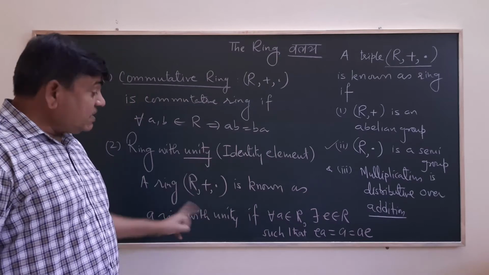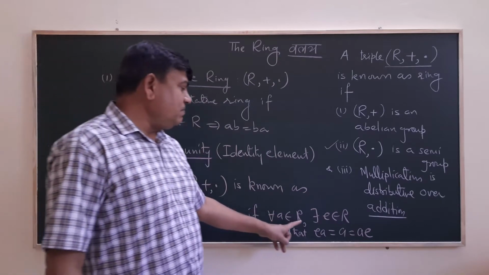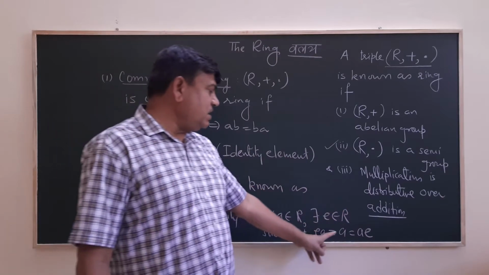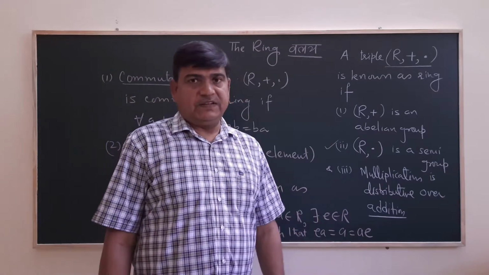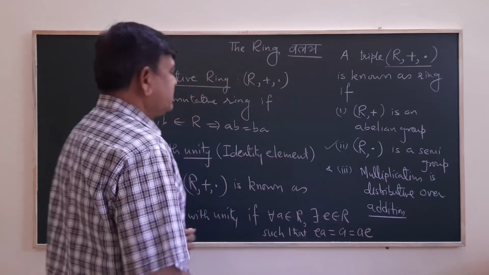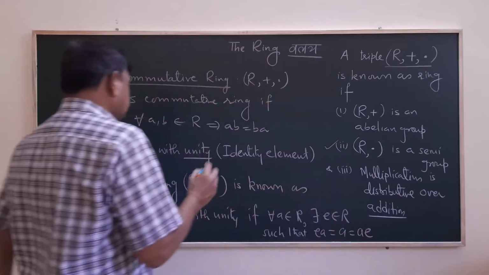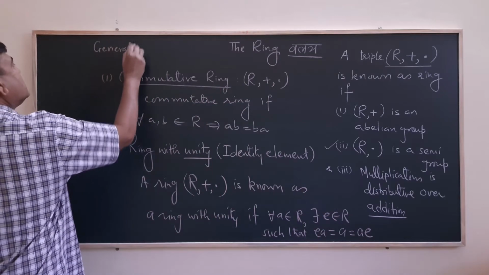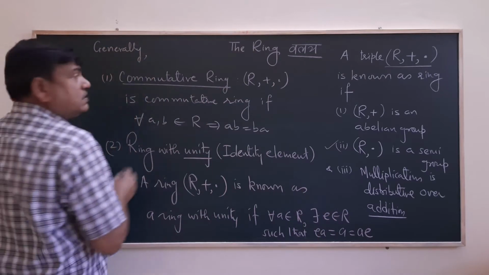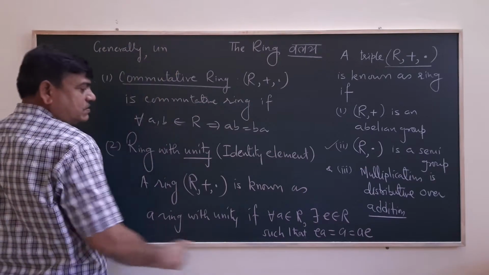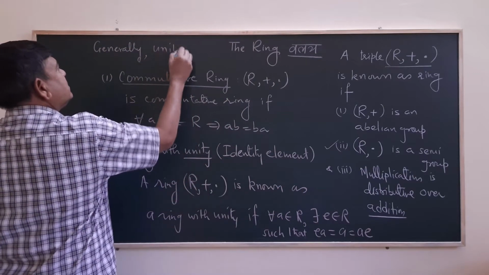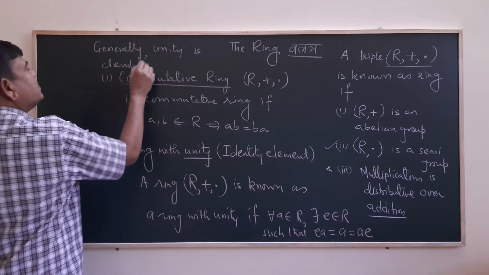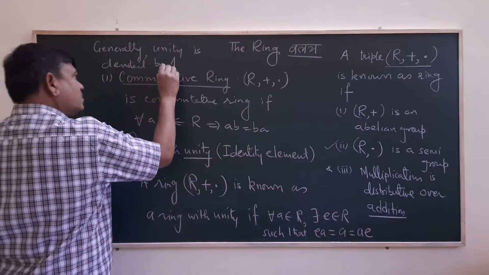A ring is known as a ring with unity if for all A belongs to R there exists E belongs to R such that EA equals A equals AE. Generally unity or identity element, unity is denoted by 1.